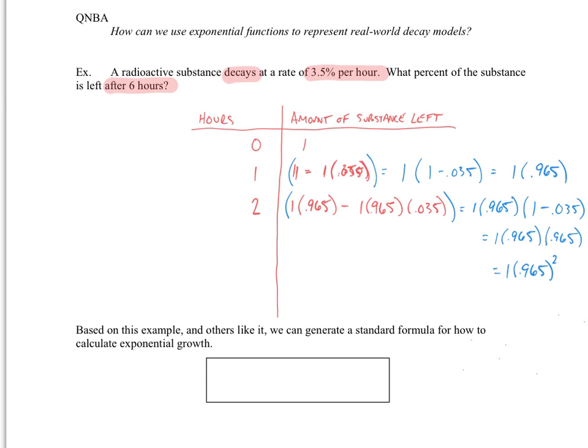And now you guys are going to start to see the relationship between our exponent and the time that's elapsed. Remember, there's really a 1 there. 1 hour has passed. All right?